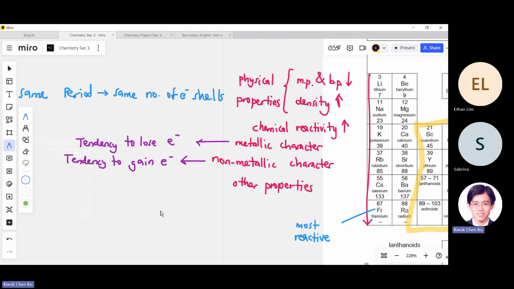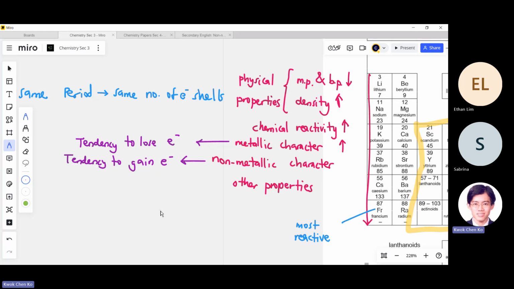But let's go back to our story here. Come Ariana, as you go down group one, metallic character increases. So in simple words, francium loves to lose electrons much more than, let's say, lithium.